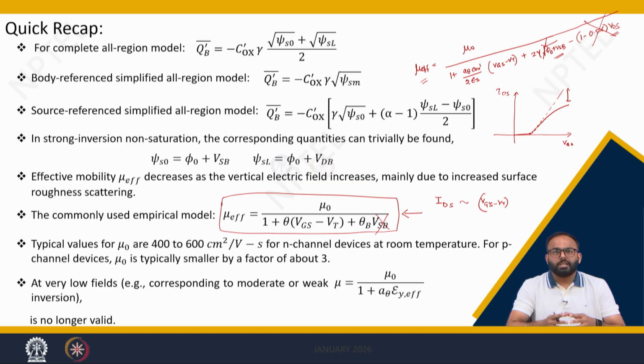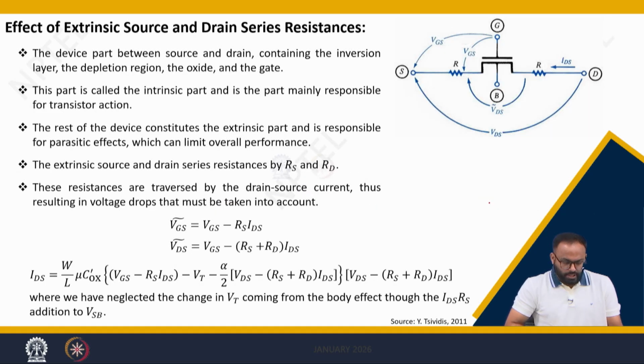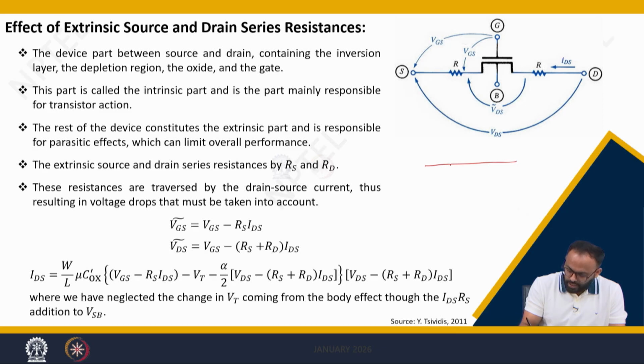So, this is all about the effective mobility we discussed in the last lecture, but there are some additional effects, called extrinsic effects, we need to take care of when you model the MOS transistor. Out of which, let us discuss the extrinsic source and drain resistance. To make it clear what is intrinsic and extrinsic, let me show you a cross section view of the MOSFET.